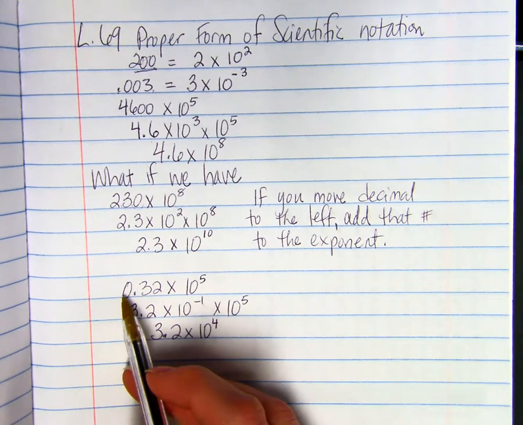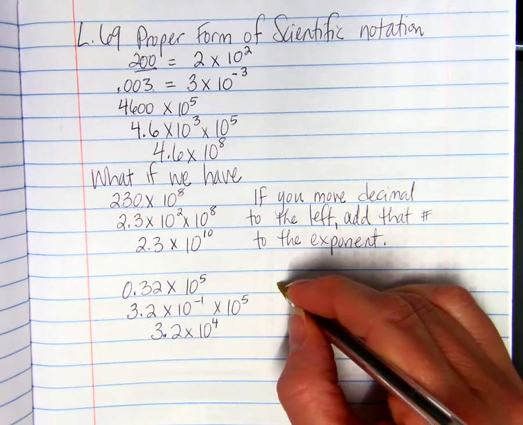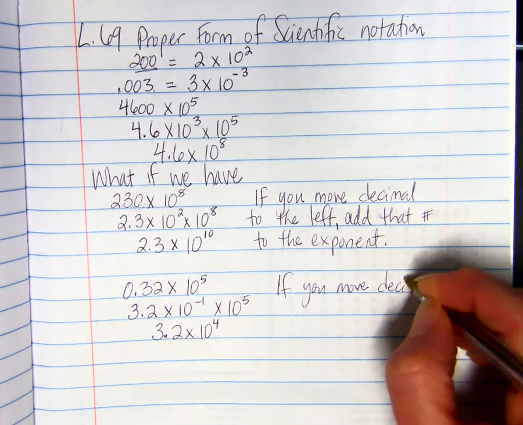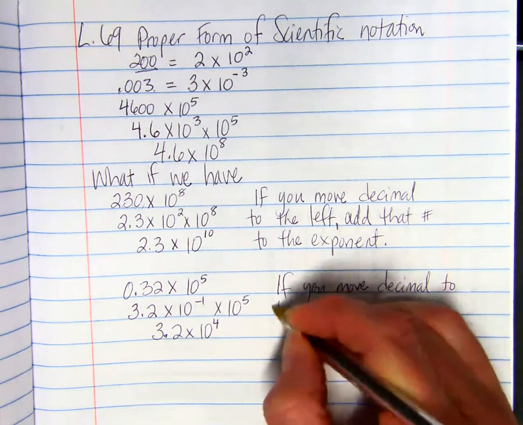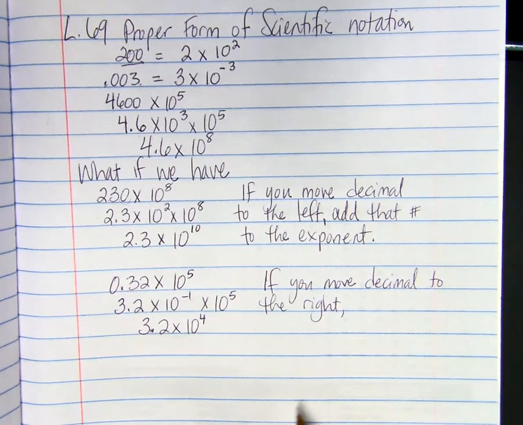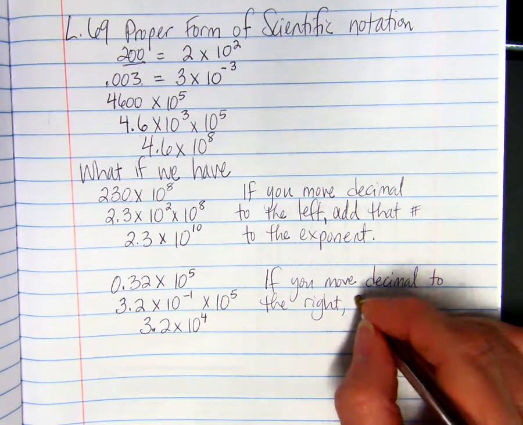So since we had to move the decimal to the right, you need to subtract from the exponent.